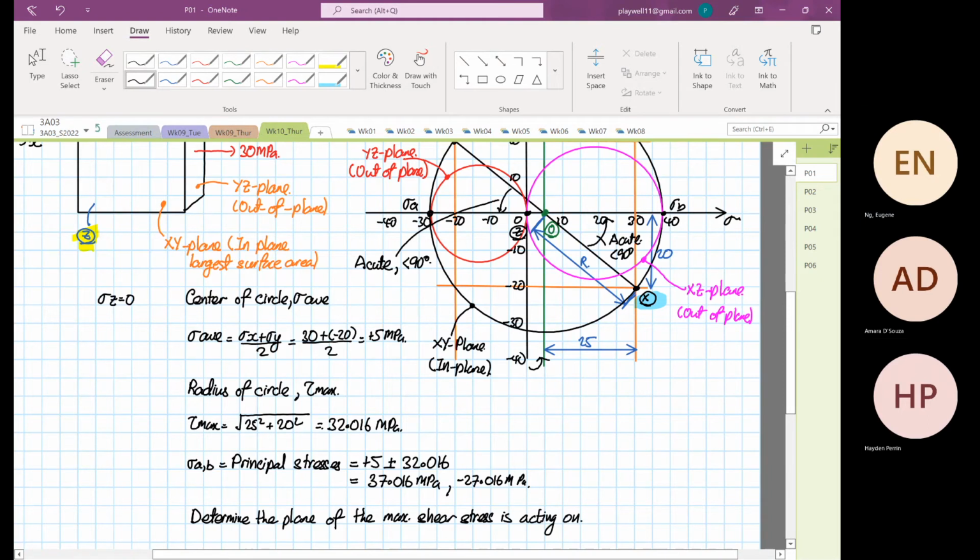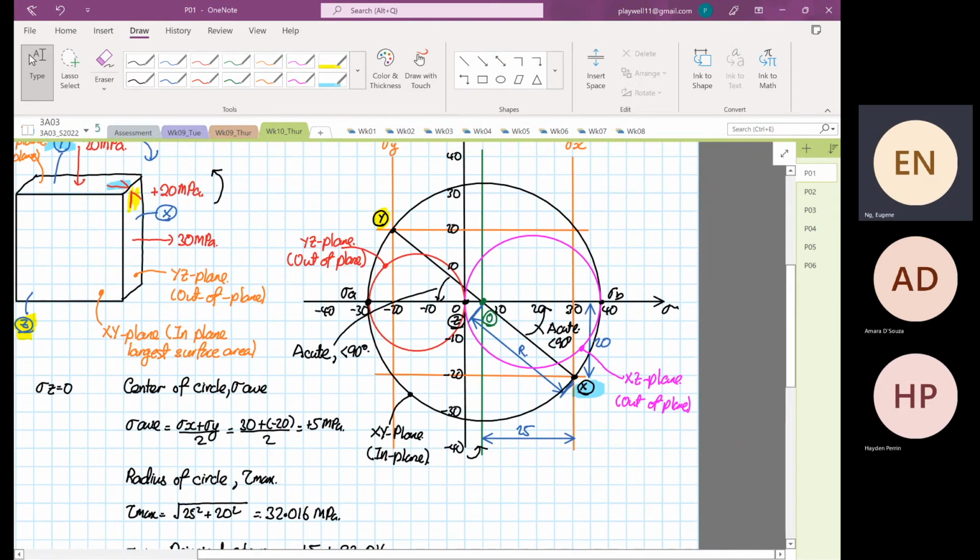Okay. So for this case, the maximum shear stress, so we have three circles. Which one will generate the maximum shear stress is the in-plane one.